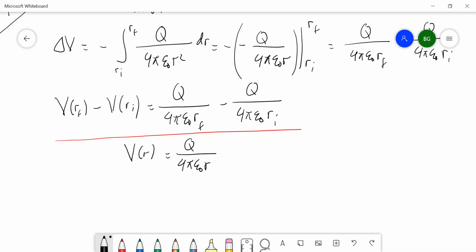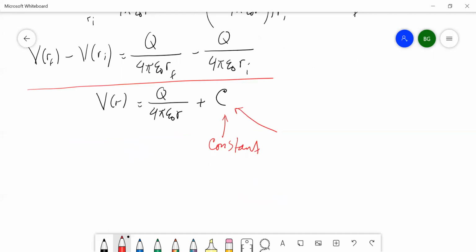Okay, you agree? But you could also add a constant here, and the difference is also the same. So this is a constant, and the value of this constant C is determined by your setup. It depends on the choice.